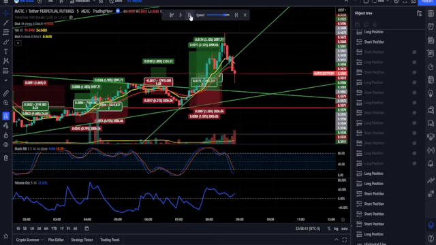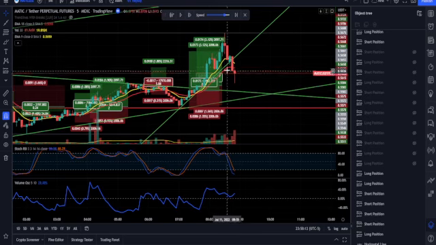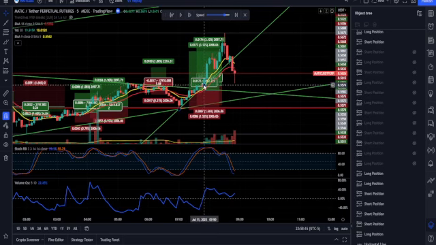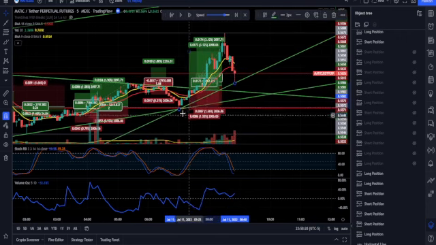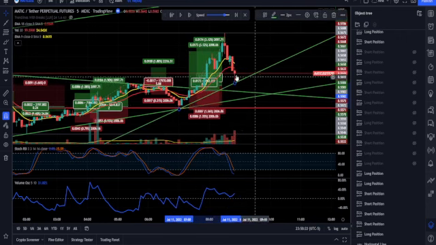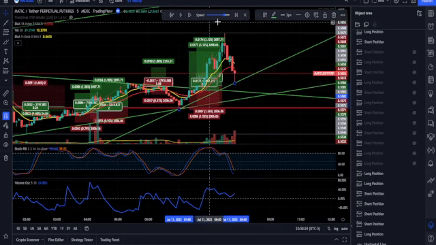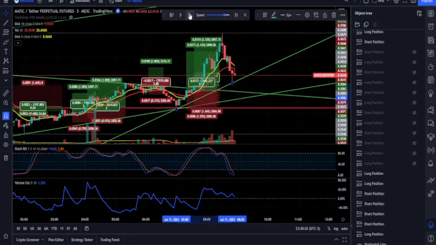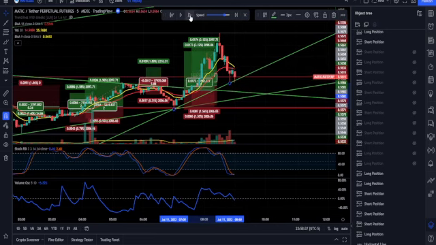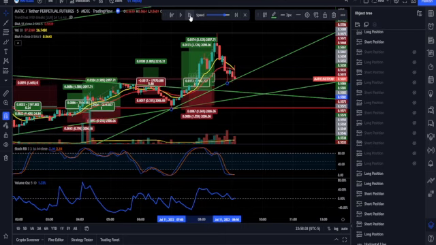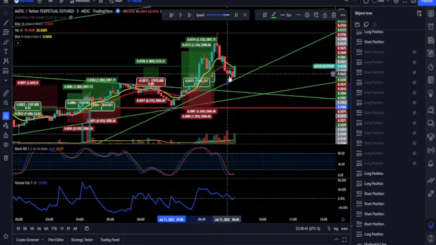Alright. Here we've got a good rejection candle. So we could adjust our most recent uptrend down here, and I think that is where I would get in. Right there.